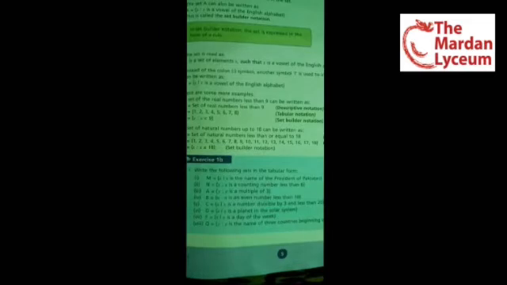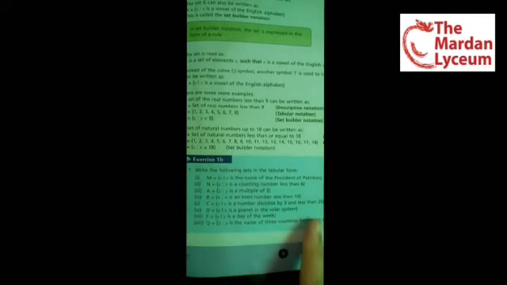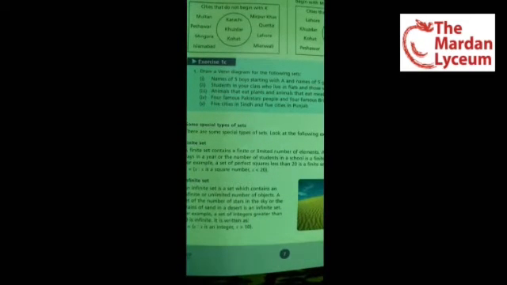Okay, students, now this is exercise 1B. In exercise 1B, you can see that there are 3 parts. Part 1 is on page 5, and parts 2 and 3 are on page 6.